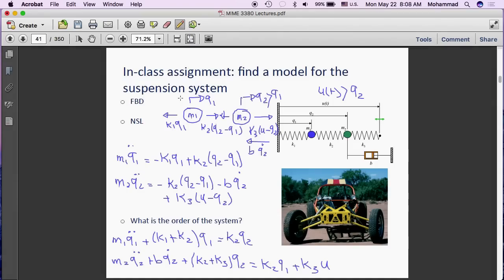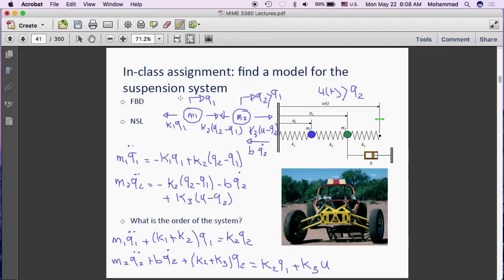We said the number of state variables is equal to the order of the model. Do you remember that? A first order system had one state variable. A second order system had two state variables. So what do we have as the model of the system? We have one second order differential equation and then another second order differential equation, and we need both of them in order to predict the motion of these systems.